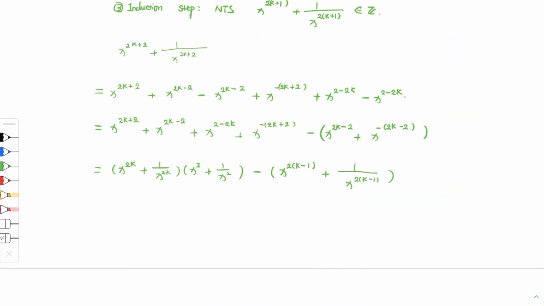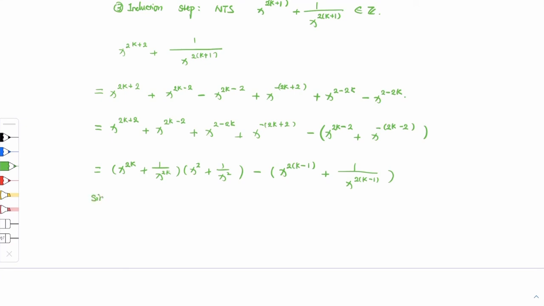We can write this as this. x to the 2k plus 1. Okay, so we need to show this is an integer. We can write it as an integer minus an integer. So that's going to give us an integer already.